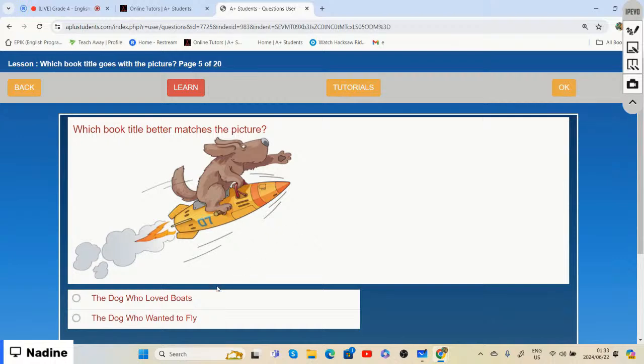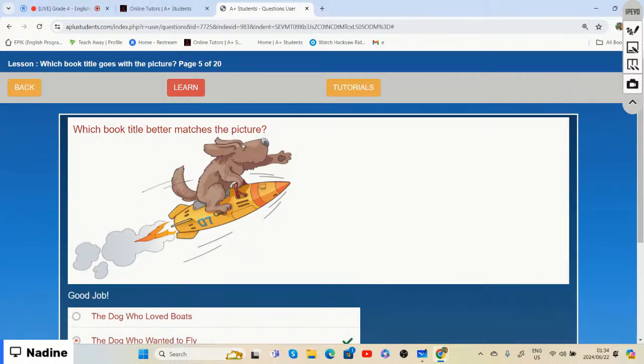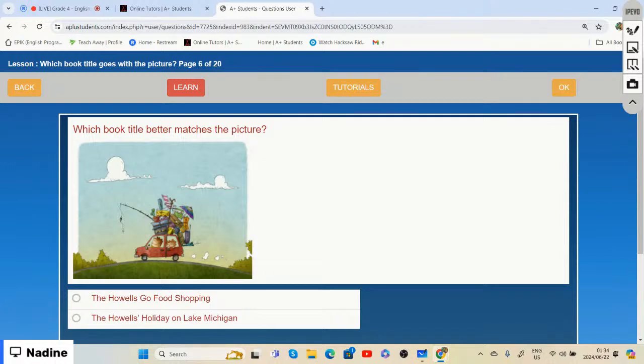Yes, so we will say option two, because option two is The Dog Who Wanted to Fly. They don't show anything about boats. So well done. That is correct. Let's look at the next one.